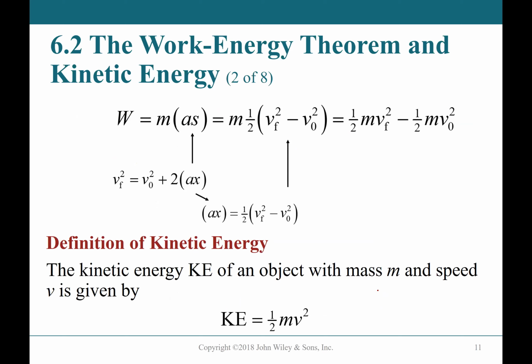And my next equation: we're going to replace the term as, which is a familiar term from our kinematic equations, called ax. If I solve for ax here, I get 1/2 v final squared minus v initial squared.